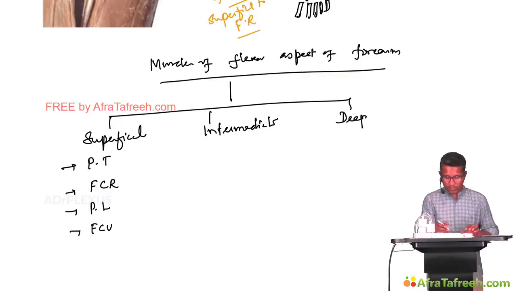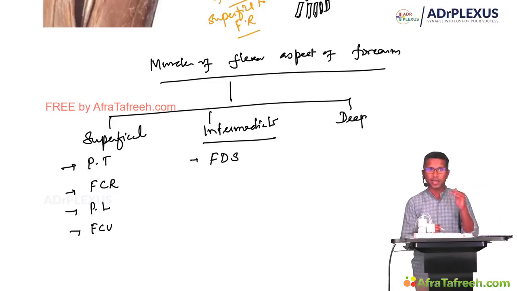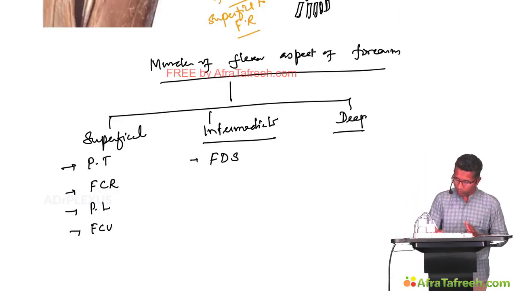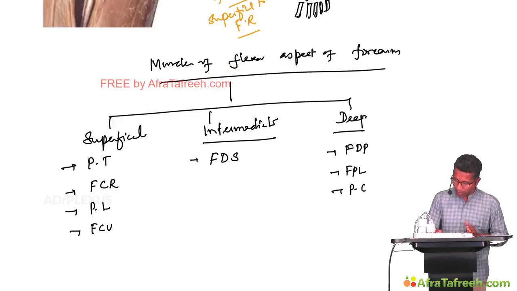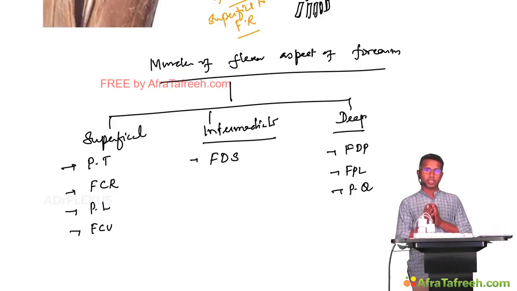Okay, the next muscle in the area is flexor digitorum superficialis muscle. So the intermediate layer is formed by flexor digitorum superficialis, and the deep group is formed by flexor digitorum profundus, flexor pollicis longus, and pronator quadratus. So these are the muscles of the flexor aspect of the forearm.